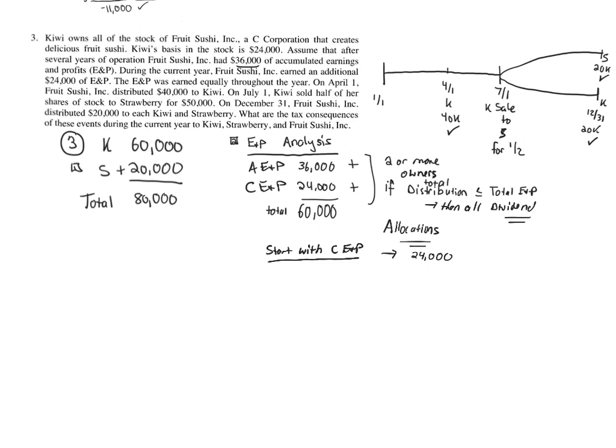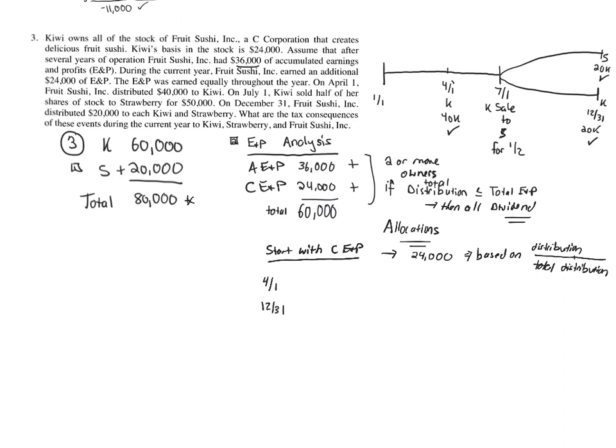The way we allocate is based on distribution over total distribution. We know our total distribution amount is 80,000.